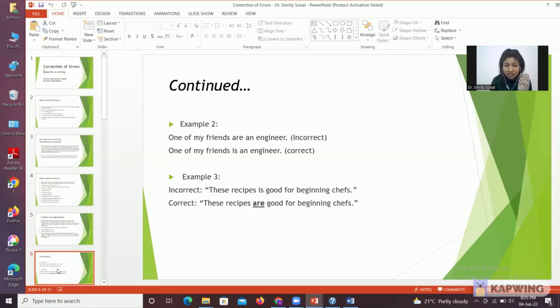Because the subject is that one single friend, the verb we use is going to be a singular verb. That is, one of my friends is an engineer, and not are an engineer.